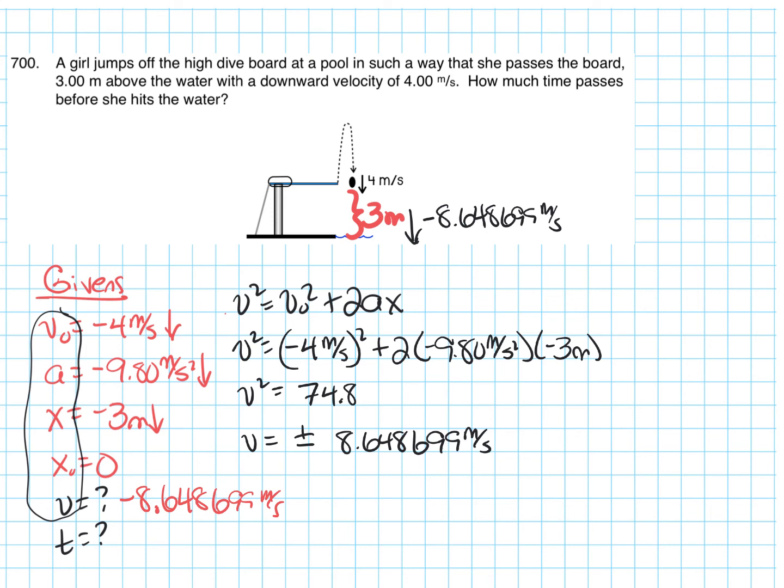So now can I use my givens up here to find time? So I've got this new variable for a reason. In finding time, I can use v equals v naught plus at.